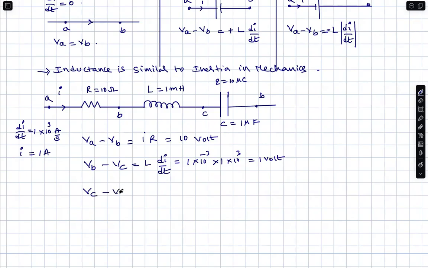VC minus VB is Q by C, 10 microcoulomb by 1 microfarad, which is 10 volt. So VA minus VB is the sum of these three terms: 10 plus 1 plus 10, which is 21 volt.